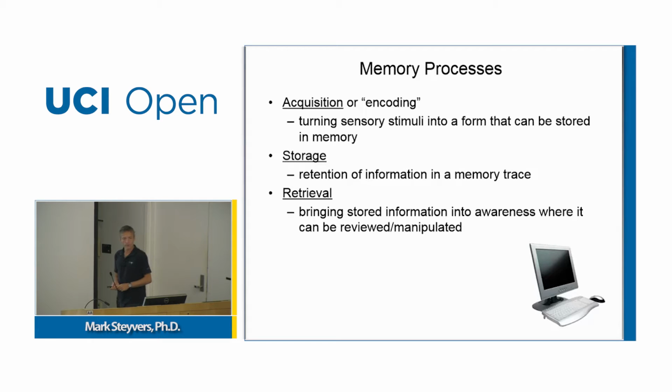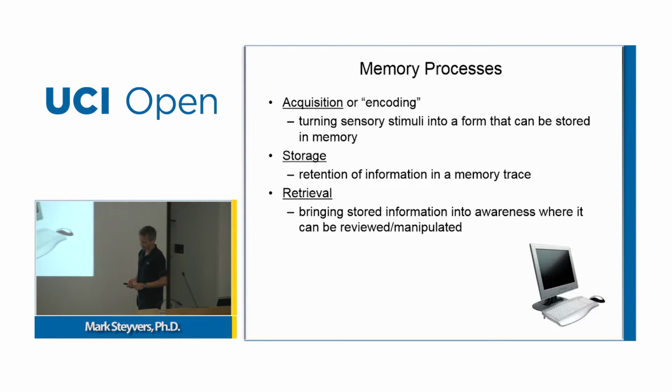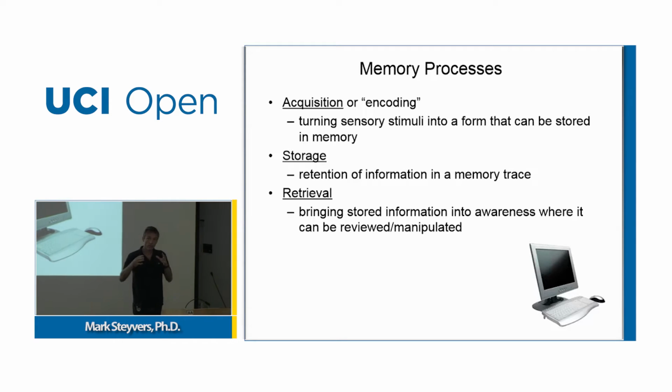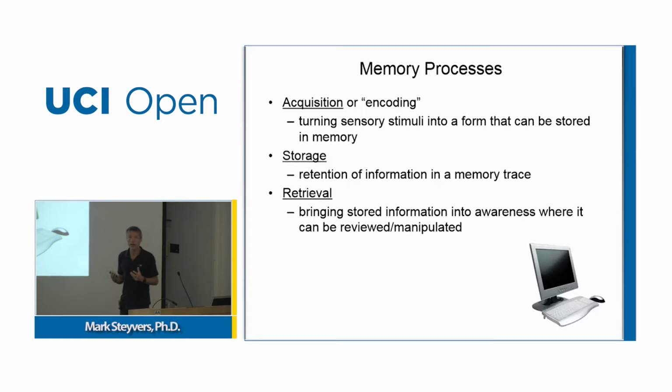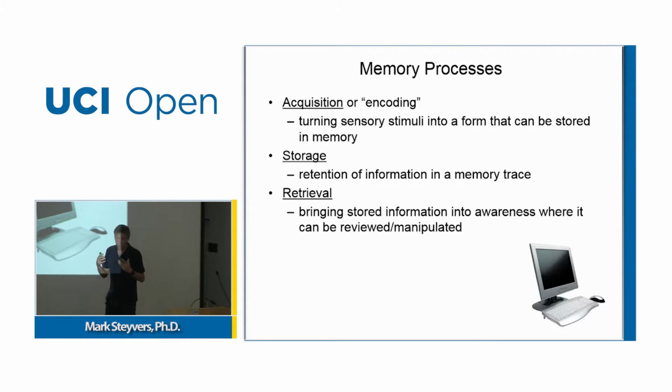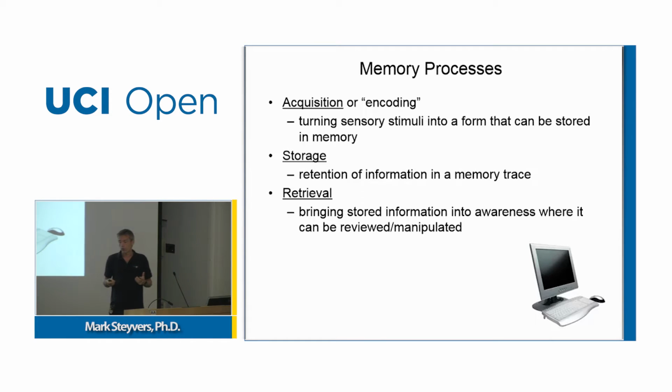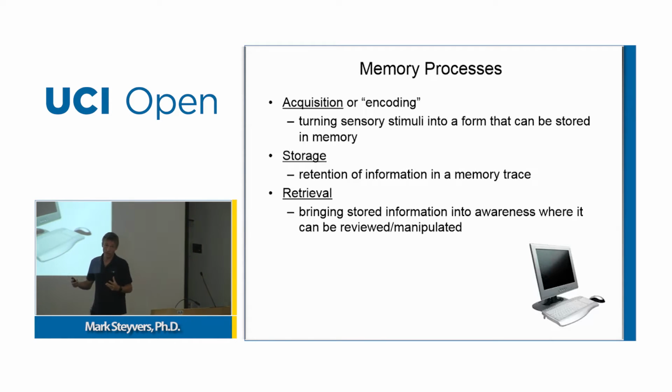Okay, so first, in terms of memory processes, information has to come to us to be even stored in memory in some form. We have to acquire the information, we have to encode the information in some form. We rarely, if ever, store the raw information.